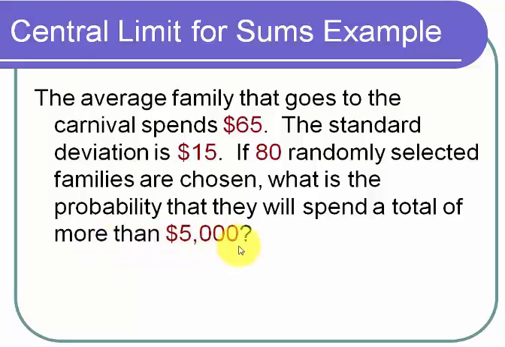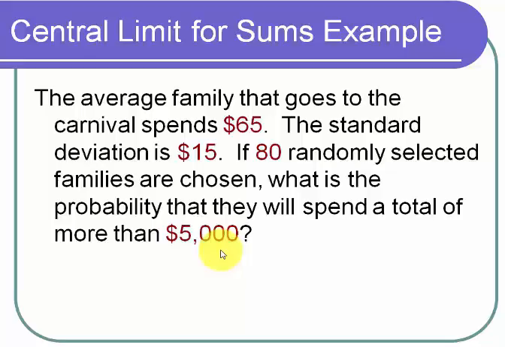So we could think of being a vendor at the carnival and saying, if we have 80 families, are we going to make at least $5,000 out of those 80 families? We don't care as much about the averages as we do the bottom line, which is the total amount of money that these families will spend.